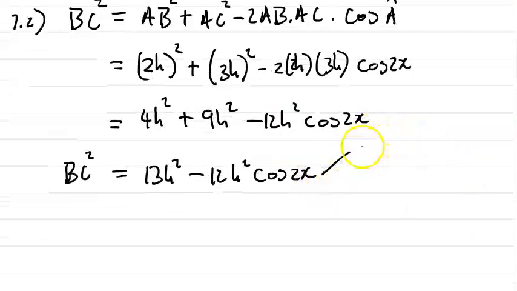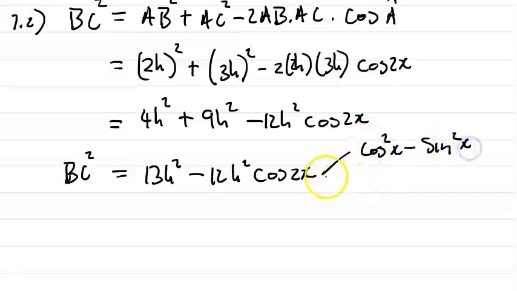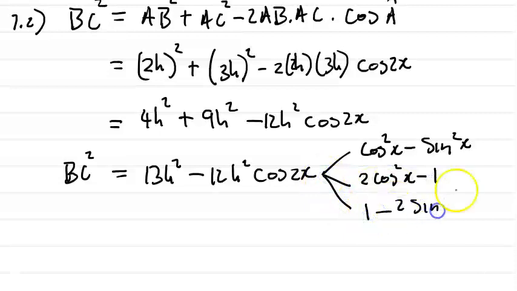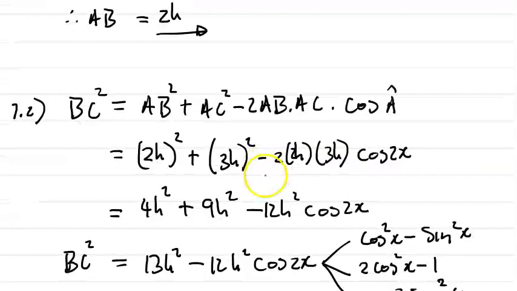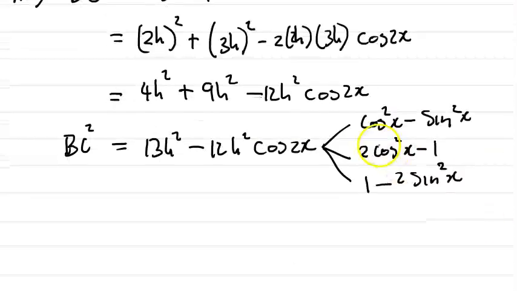Now remember, cos 2x is cos squared x minus sine squared x, or we can say 2 cos squared x minus 1, or 1 minus 2 sine squared x. Therefore, which expansion will we use? Well, we've got cos squared x, so therefore the expansion that we'll use is 2 cos squared x minus 1.